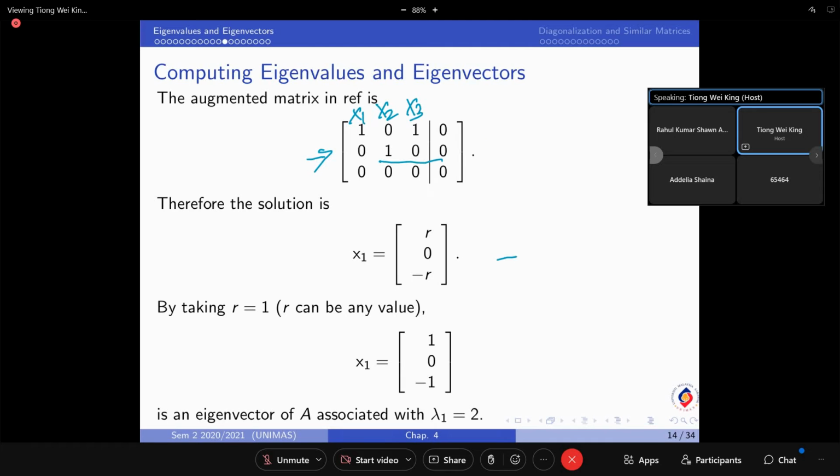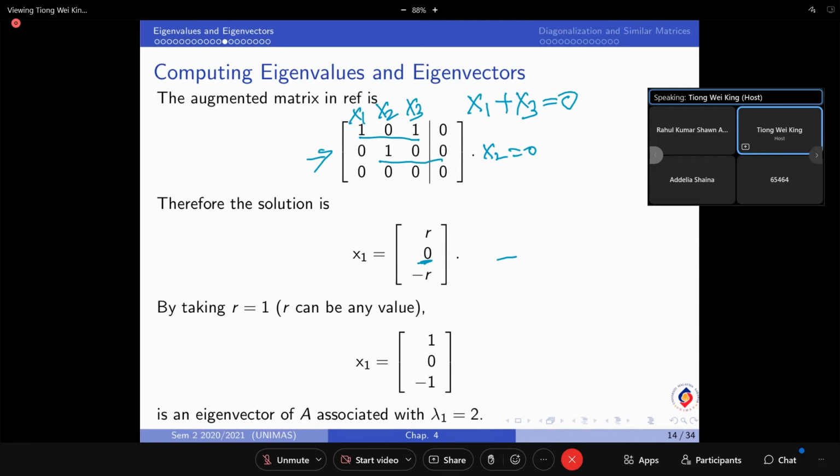From here, x2 equals to 0, so that's why you have 0 here. And then from here, you have x1 plus x3 equals to 0. So you let either x3 equals to r, or you let x1 equals to r.